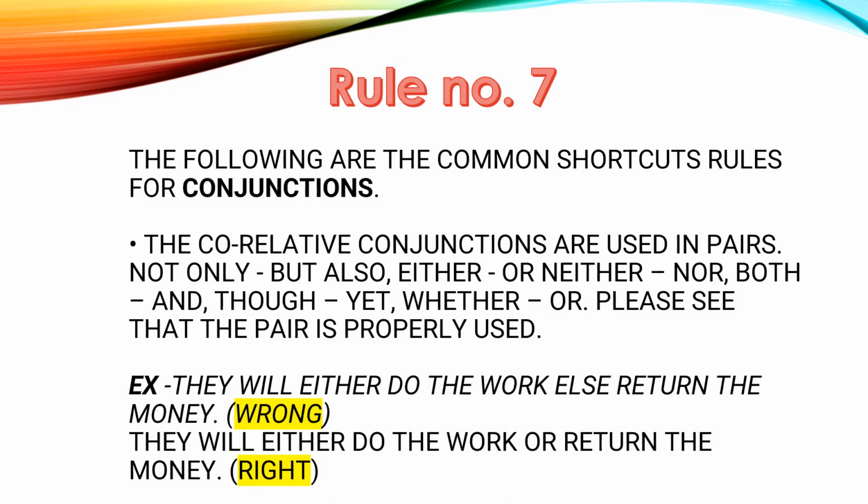Next, we have rule number 7. The following are the common shortcut rules for conjunctions. The correlative conjunctions are used in pairs: not only, but also; either, or; neither, nor; both, and; though, yet; whether, or.